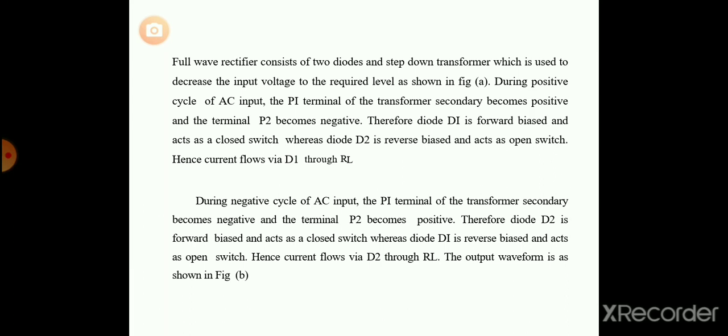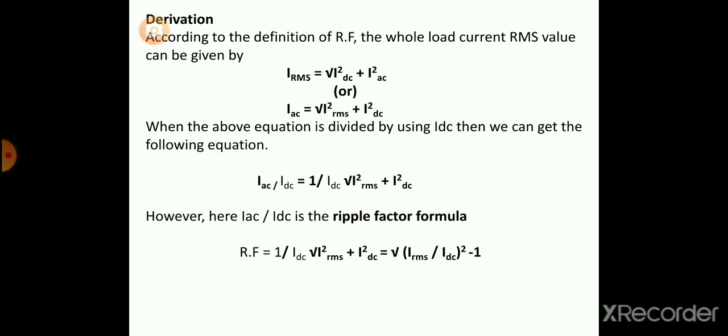In the full wave rectifier, during the positive half cycle one diode is conducting, and during the negative half cycle the other diode is conducting. This is regarding the full wave rectifier.